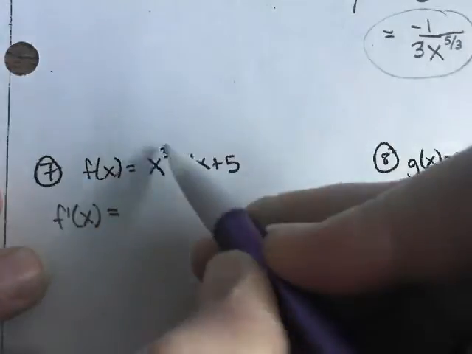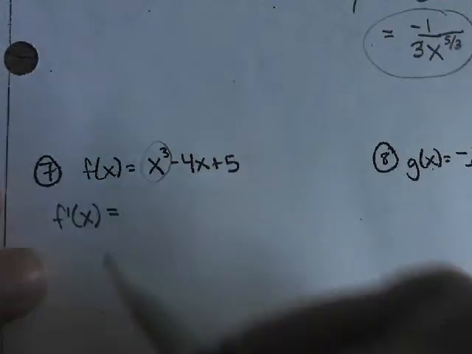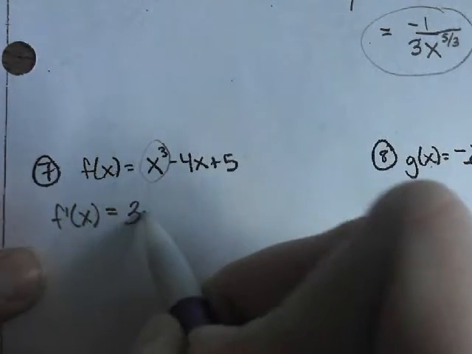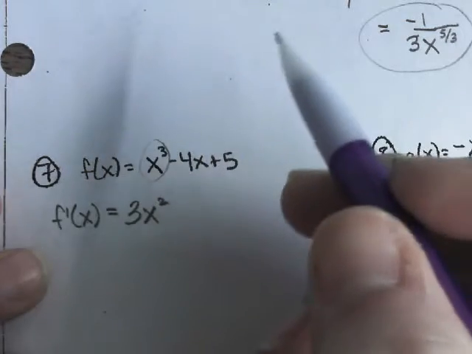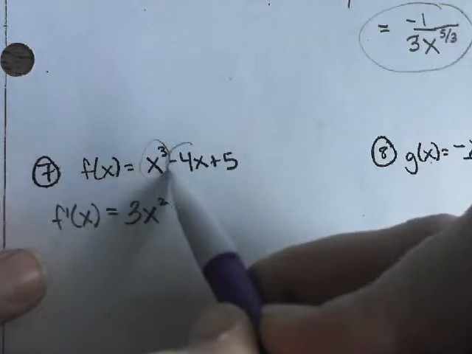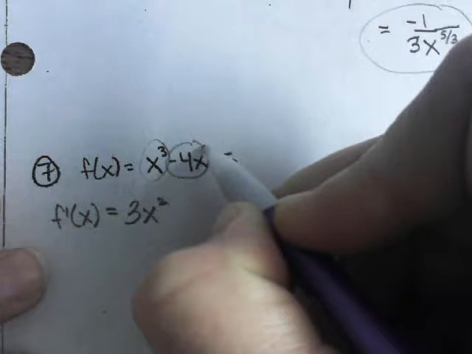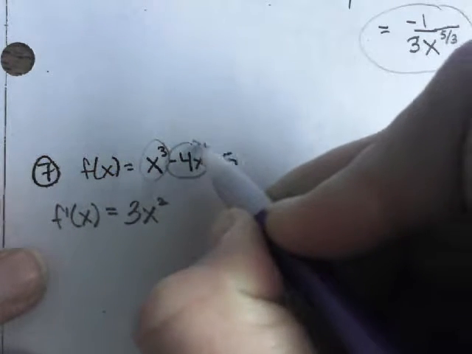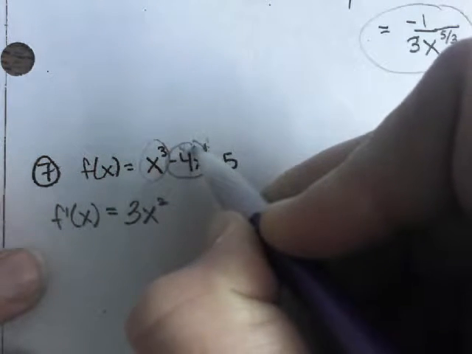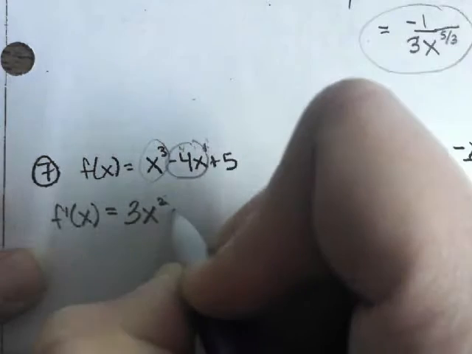This one. Dan, what's the derivative of x cubed? 3x squared. Perfect. And Dylan, what's the derivative of the negative 4x part? Okay, well, what's technically the exponent right now? 1. So if you bring the 1 out in front and multiply it by negative 4, what do you get? Negative 4.